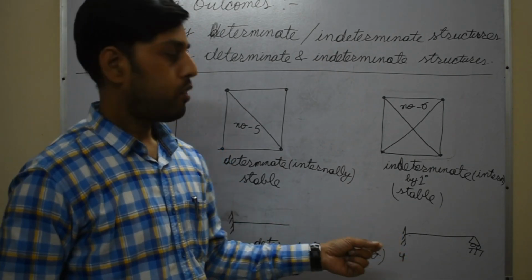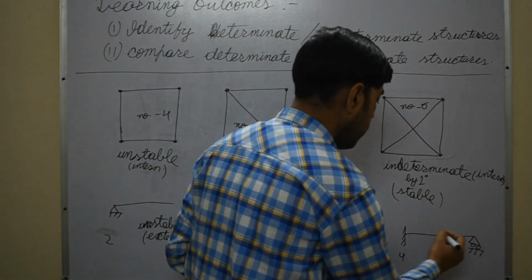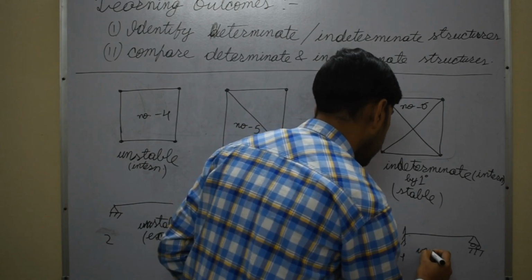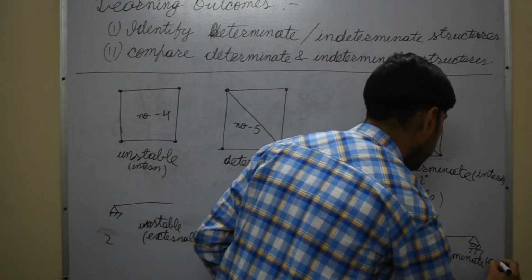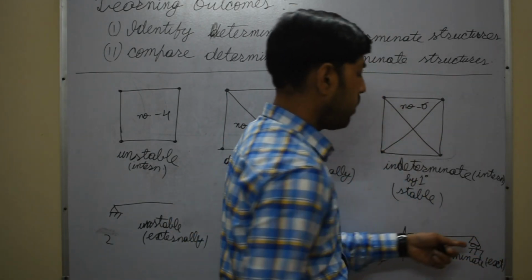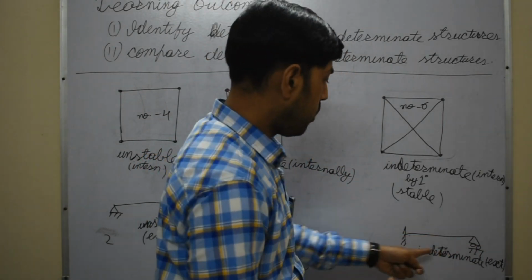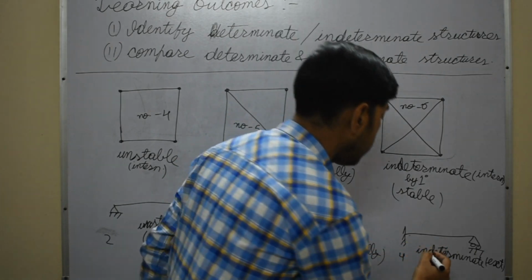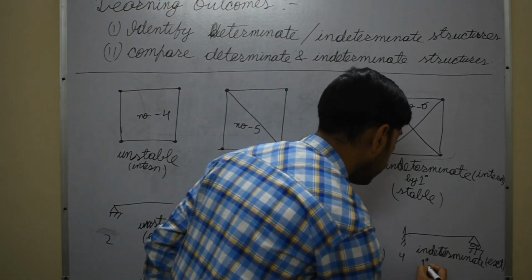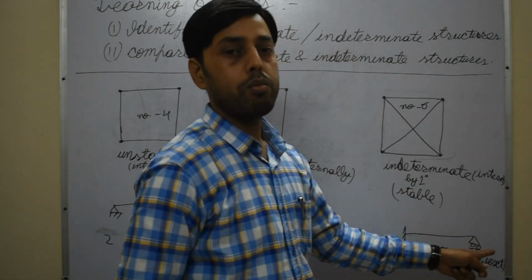So such a beam is indeterminate externally just because we are considering it as per the support reactions. So external indeterminacy is there by 1 degree because we have added one extra support reaction.